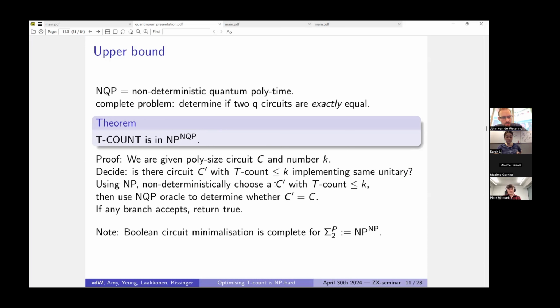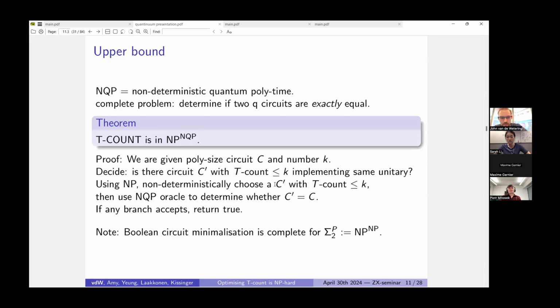So I would guess that you could do that with a QMA oracle. So it might be NP to the QMA, but I'm not sure. Can we ensure that the number of polynomials you need to check is still small in this case?